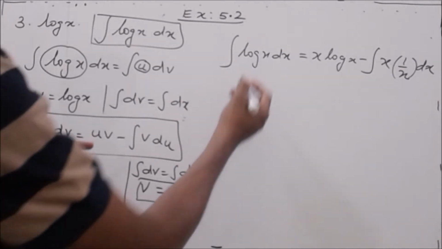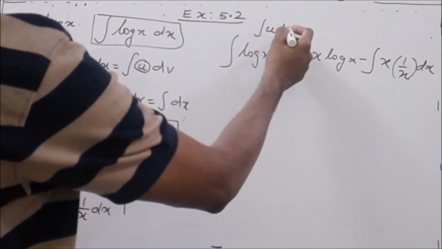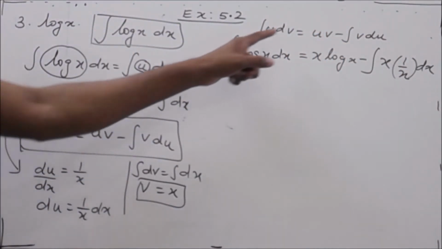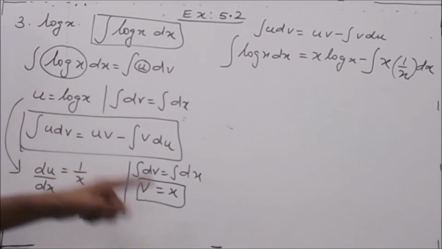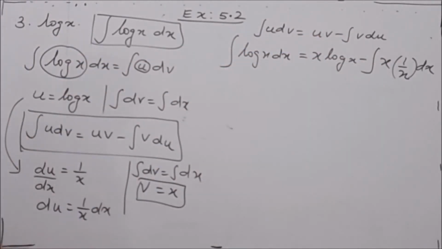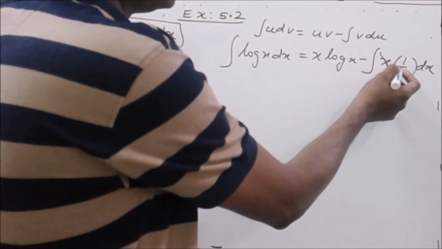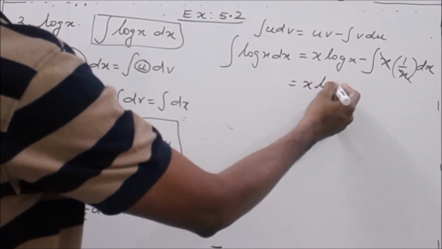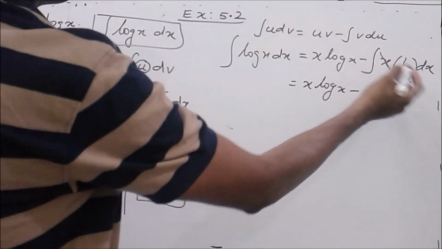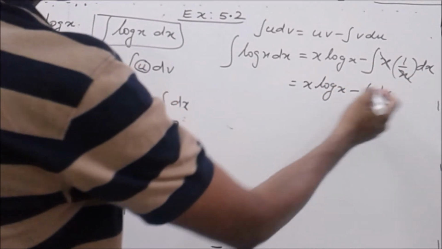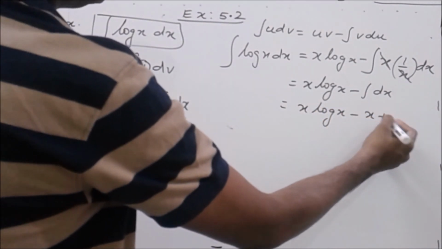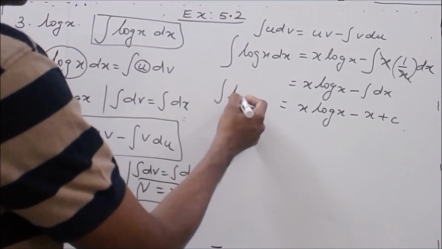The formula is integral u dv equal to uv minus integral v du. Now cancelling these two, we have integral dx only. So this is equal to x log x minus integral 1 dx. So x log x minus x plus c. So this is integral log x dx.